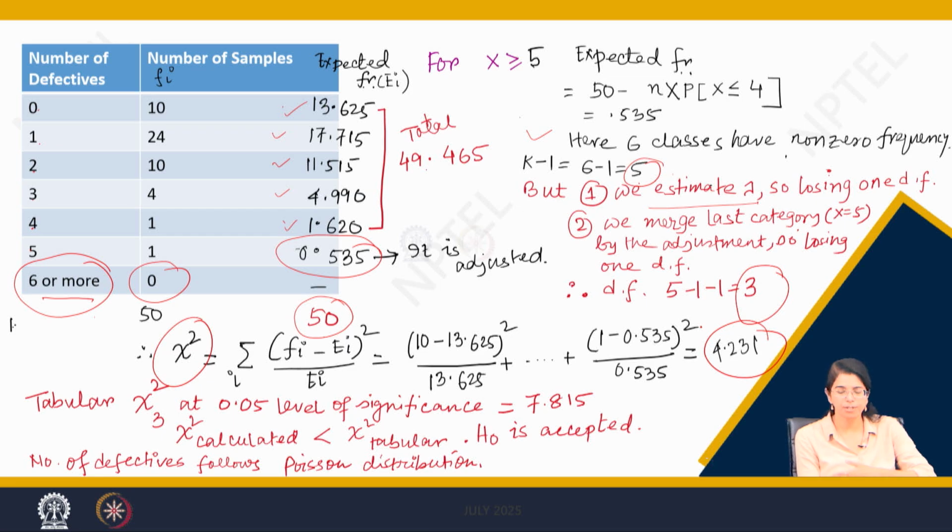I am not going into the details, you can grab one calculator and solve it out. Tabular chi-square with 3 degrees of freedom at 5% level of significance is 7.815. Since chi-square calculated is less than chi-square tabular, H0 is accepted. Therefore, the number of defectives follows a Poisson distribution.